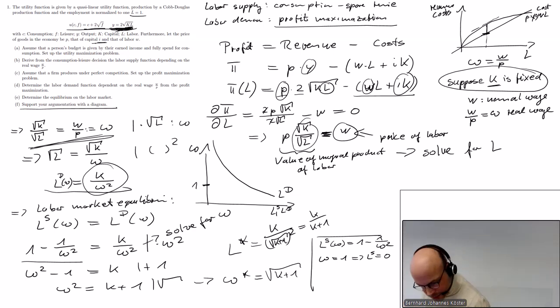Then I also see if the real wage rate is a really large number, then 1 over a large number is a very small number. Then I know that I reach approximately 1. So this would be then an asymptotic line.